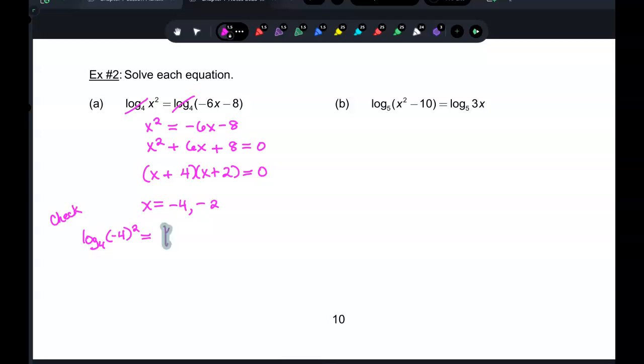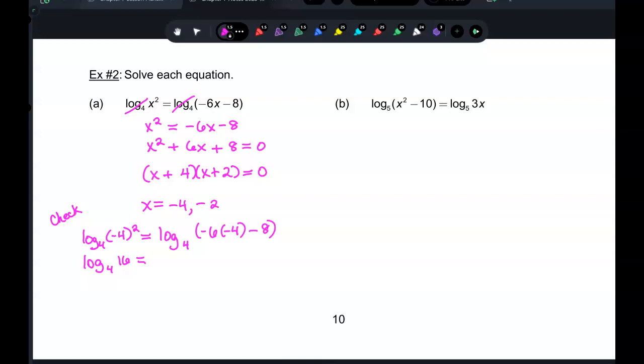So we want to see, do we get the same thing on both sides? On the left side, that's going to make that log base 4 of 16. Do we get the same thing on the right side?